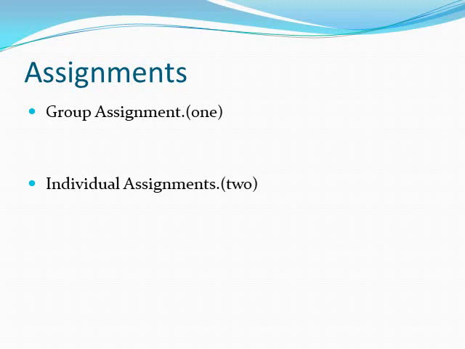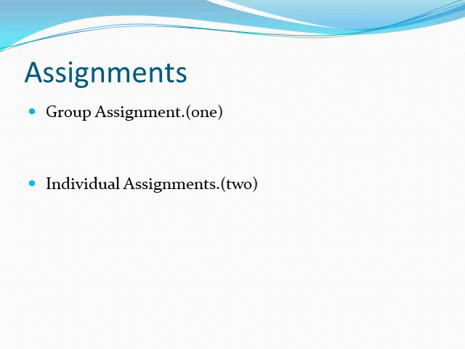Okay, first of all, the group assignment is just one group assignment. The group can be a minimum of 3 students and a maximum of 6 students. The page number is a minimum of 5 pages and a maximum of 10 pages, without cover and index. The font is 14 and the spacing 1 or 2 centimeters.